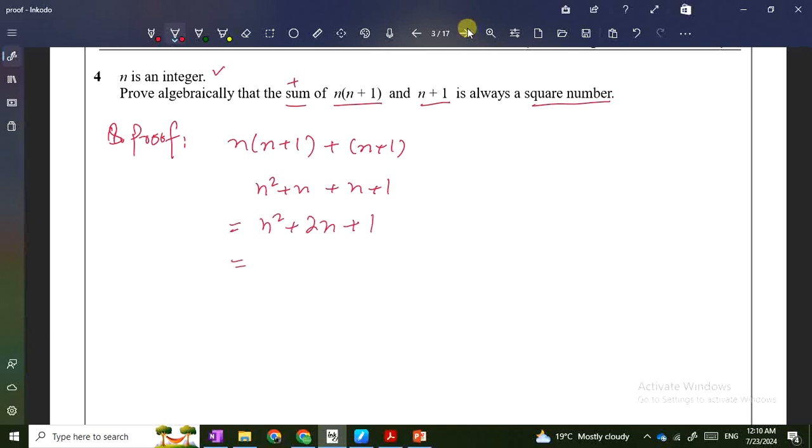So we can see, if we factorize this number, I guess we can do the factorization from here. It's easier to do from this time. Yeah, so if you take n inside, n times n is n square, n times 1 is n, so n plus 1 is as it is.